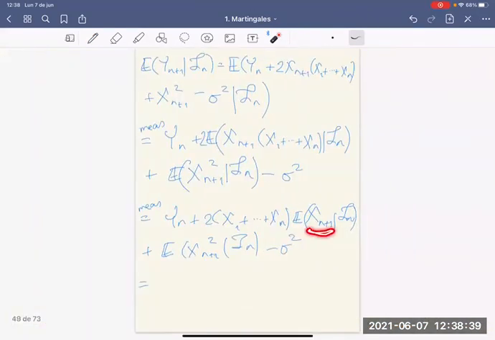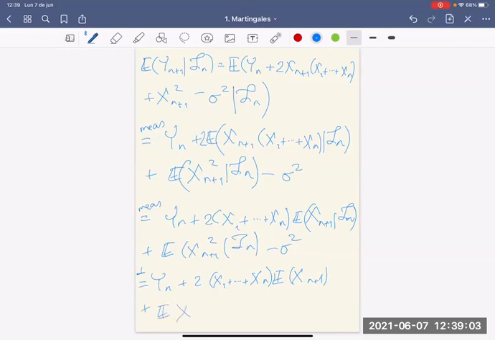So I can just take expectations here and write, by independence, 2 times (X1 plus up to X_n) times the expectation of X_{n+1}, plus, same story here, the expectation of X_{n+1} squared minus sigma squared.